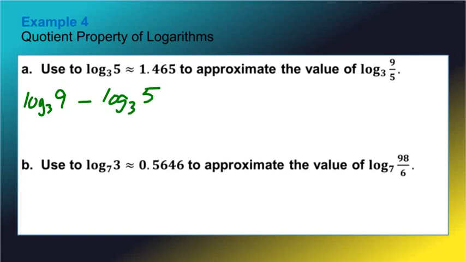Now log base 3 of 9 can be rewritten as 3 squared, which I can write as 2, and then log base 3 of 3 is 1, minus log base 3 of 5 is written as 1.465. So 2 minus 1.465 gives us an answer of 0.535.